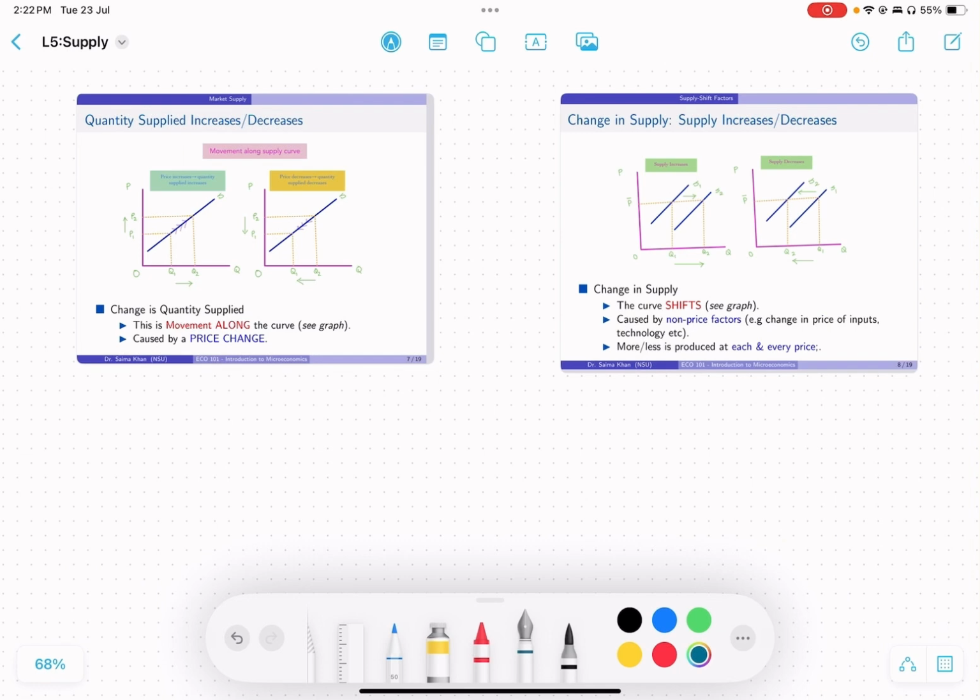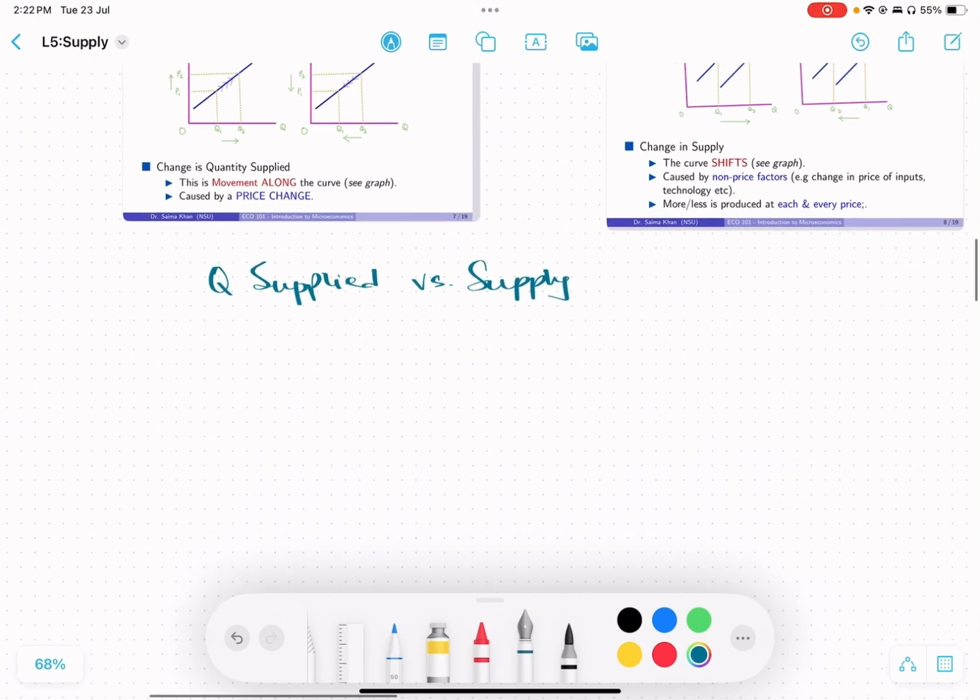So in this video on supply theory, we are going to differentiate between quantity supplied and supply. Specifically, what do we mean when we say there is a change in quantity supplied? And when do we use the terminology that there has been a change in supply?